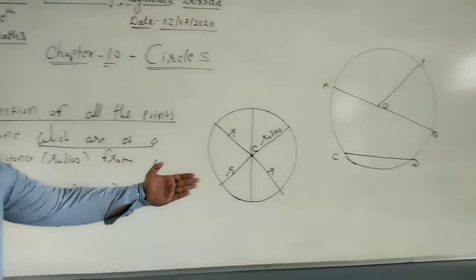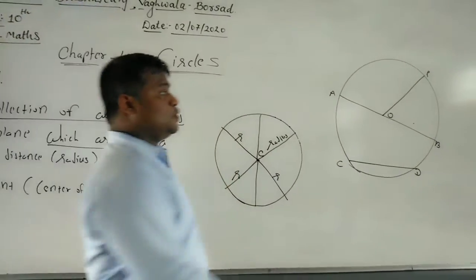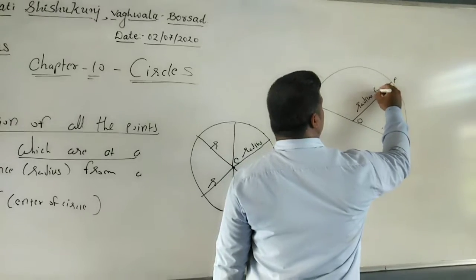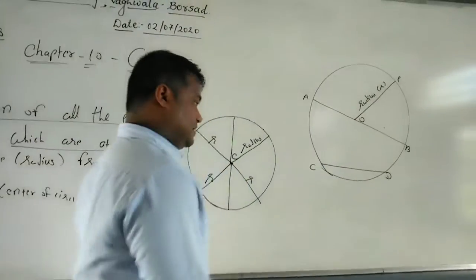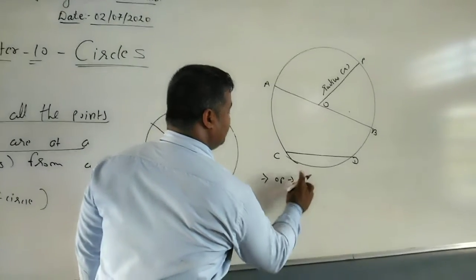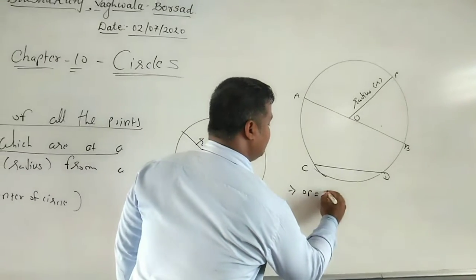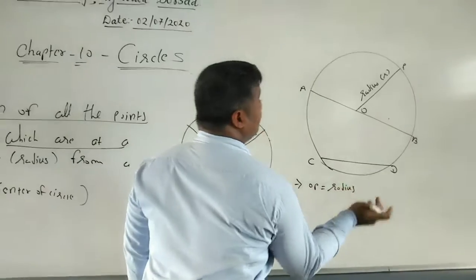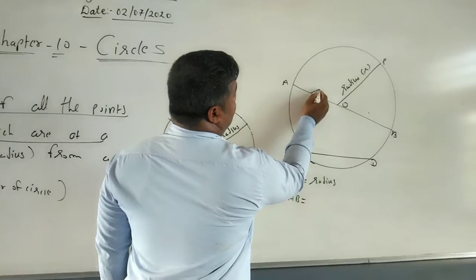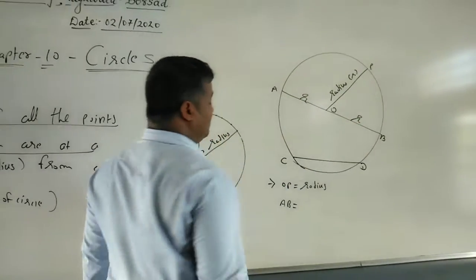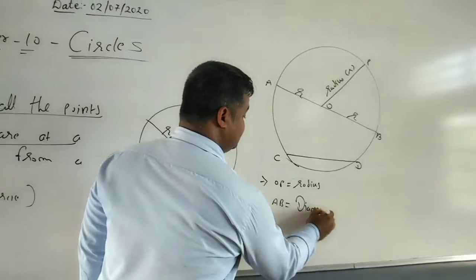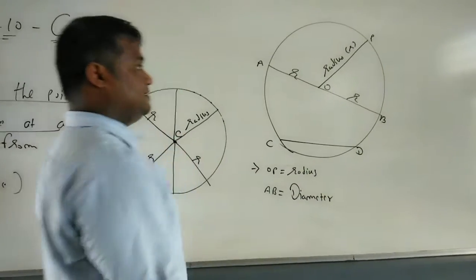Obviously, from your definition, you know that OP is the radius of our circle. What is this AB? When two radii are merged, it becomes the diameter of a circle.